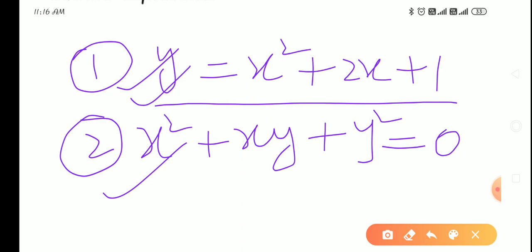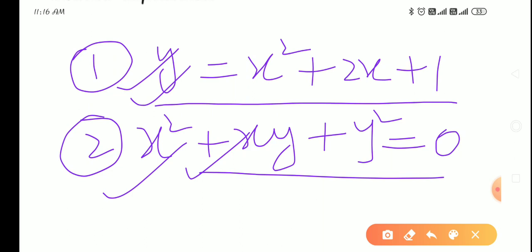directly. But in second function you can see x square plus xy plus y square equals 0. If you want to make y as subject, then it is not possible here, or if you want to make x as subject, that is also not possible in this case.